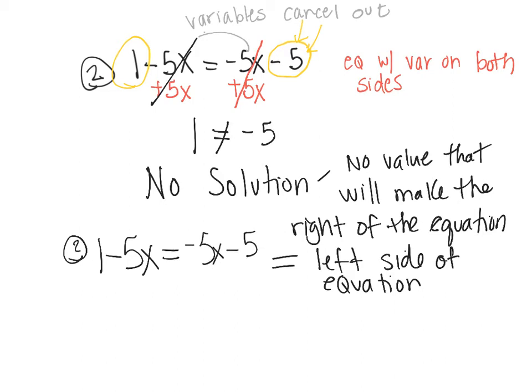What you might notice now is there was a negative 5x on the left side of the equal sign and a negative 5x on the right side of the equal sign. And when we went to move them, they canceled each other out. And what left us with that no solution was that our constants of 1 and negative 5 were not equal to each other. Let's take a look at another example.